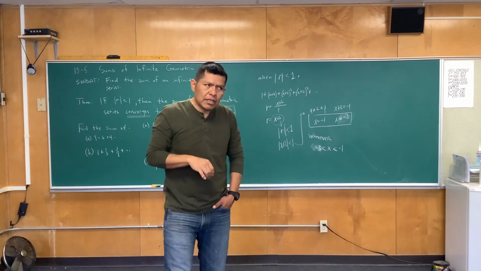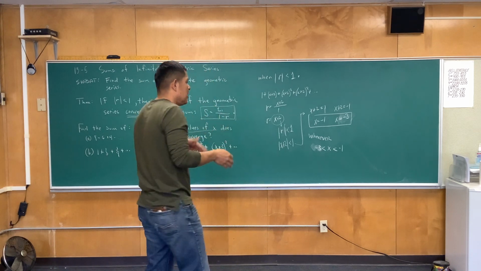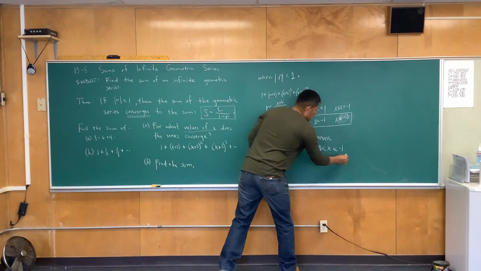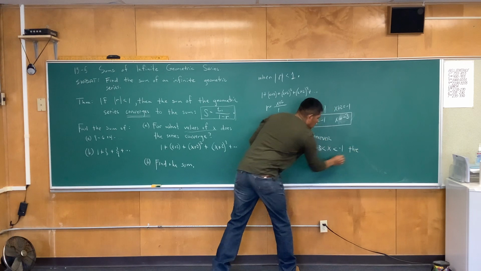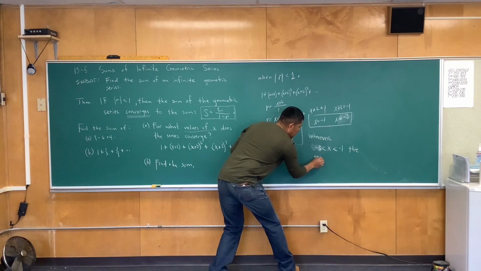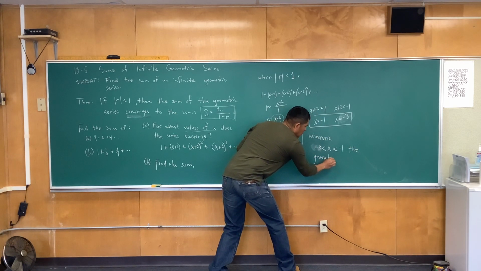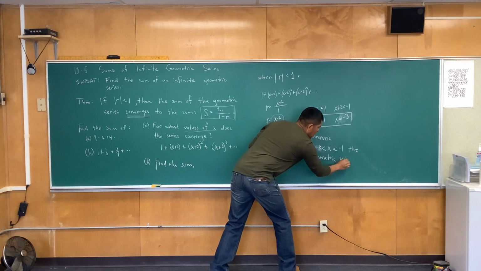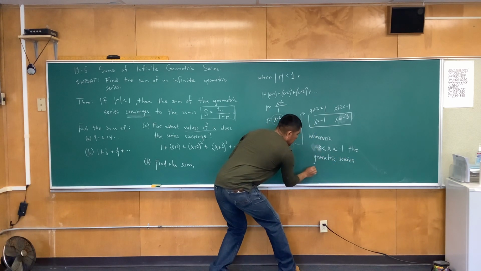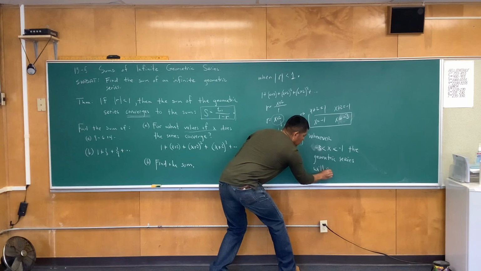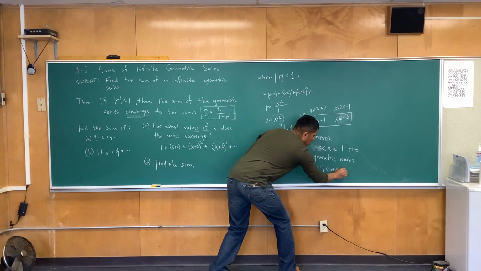Whenever x is in the interval between negative 3 and negative 1, the geometric series will converge.